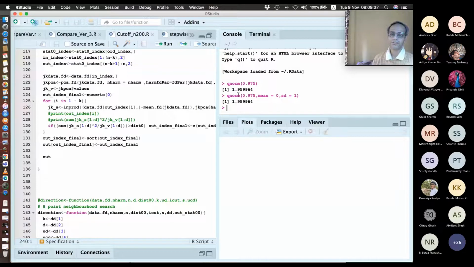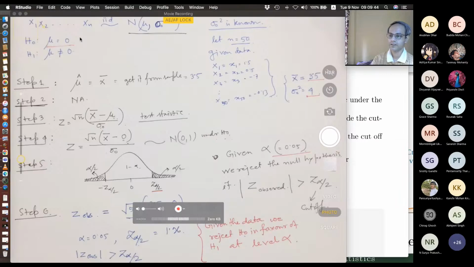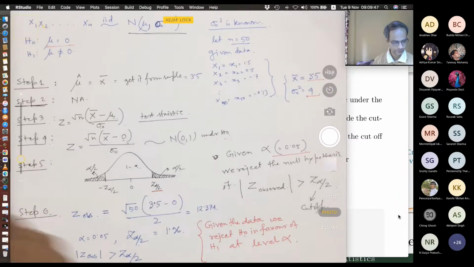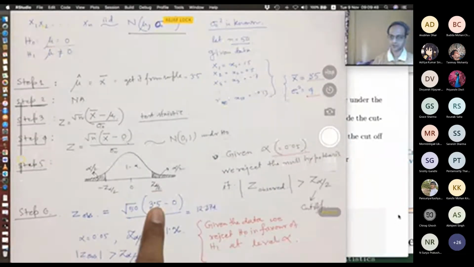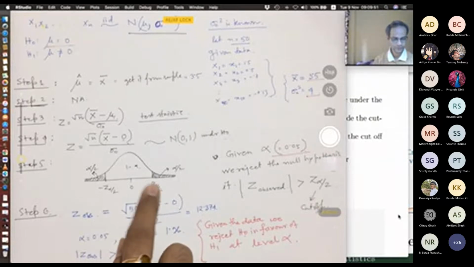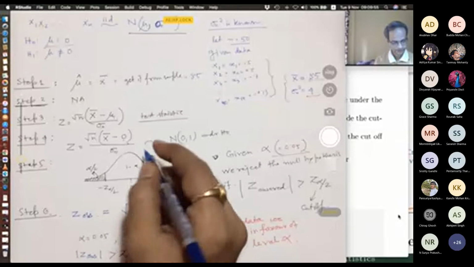You did not mess up with sigma when you are checking Z alpha. That is what I am trying to say. Whatever sigma business you have to do, you do it here. When you are going for Z alpha, you go for normal distribution with normal 0, 1 only.